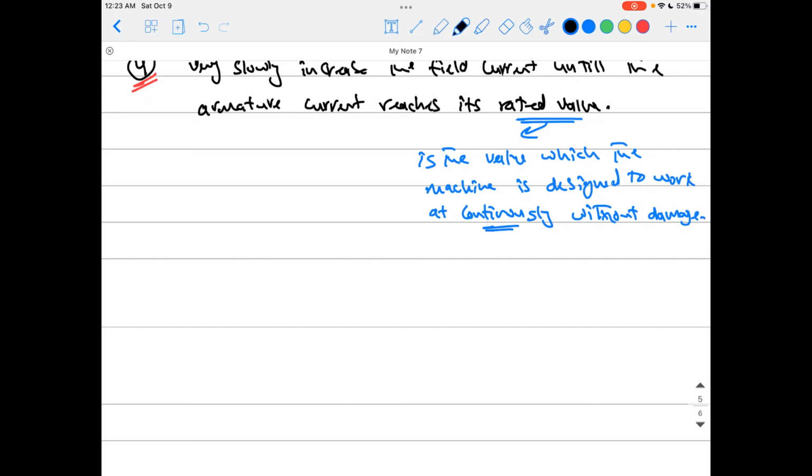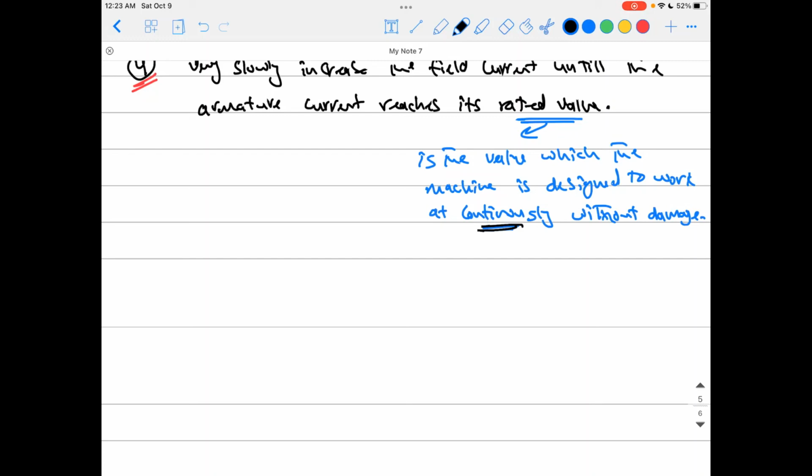It's important to say it's continuous work. So whatever it is, the rated current, the rated voltage, the rated speed, the rated torque, these are the values the machine is designed to work at all the time, and it can be working at all these values all the time without being damaged.